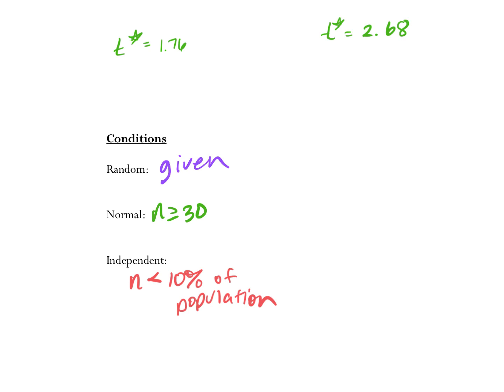So now, are we going to know anything about our population? We're not going to know the shape of the population, okay? So instead, what we're going to do is say a graph of the sample suggests we can assume normality.